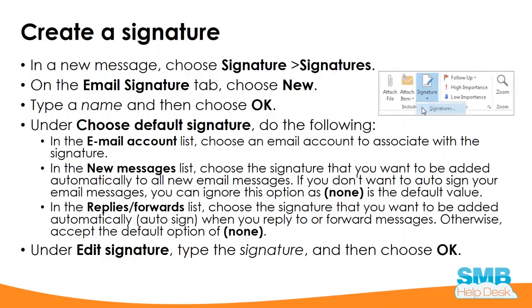Setting up a new workstation, your signature is not going to be there. That's one of the few things that doesn't follow you in regards to Office 365. I'm going to go through the process of assigning a signature to my new account webinar at smbhd.com, and we'll go through some of the generic options and more custom.